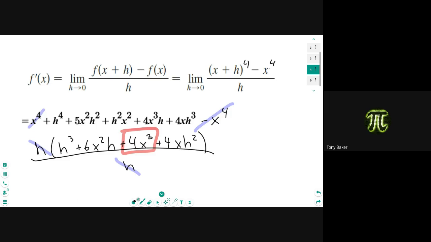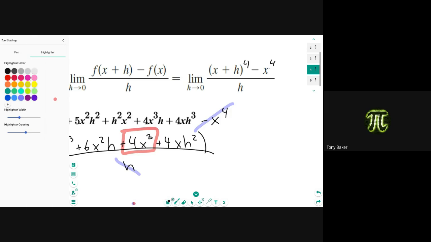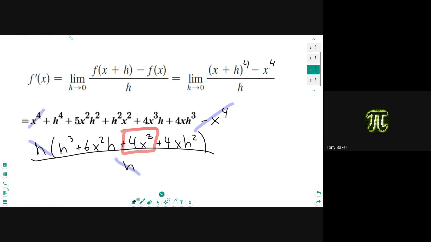So when you were going through and multiplying them out, the first term, that x whatever, is always going to cancel itself out, right? Because I'm always going to have minus it at the end. So this piece right here, that piece and that piece will always cancel each other out, correct? Every other term is always going to have at least one h left in it, if I factor them out.